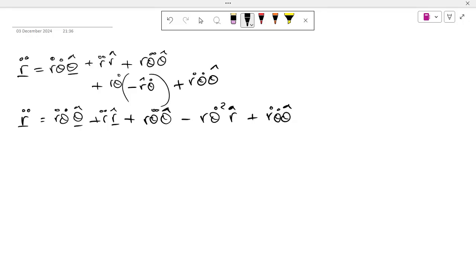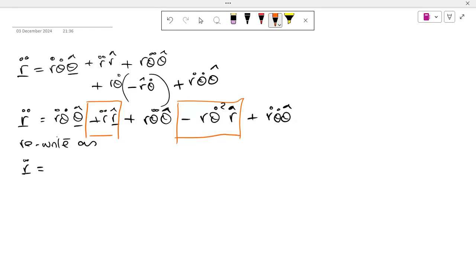Right. Okay, so we can rewrite this as r double dot equal to, well, it's all right saying rewrite it, but rewrite it as what? Now, we need to recognize that this and this are the radial components, okay?